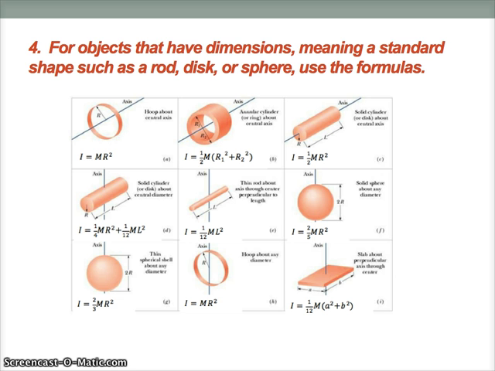Okay, and then the final rule that I want to mention is, what if we don't have particles? What if we have objects that have a mass that is extended over a larger space? Those are situations where we need to look up a formula. You'll be given that half sheet, or you should have it already, that describes the way we calculate I for various shapes, like hollow spheres, thin rods, solid discs.